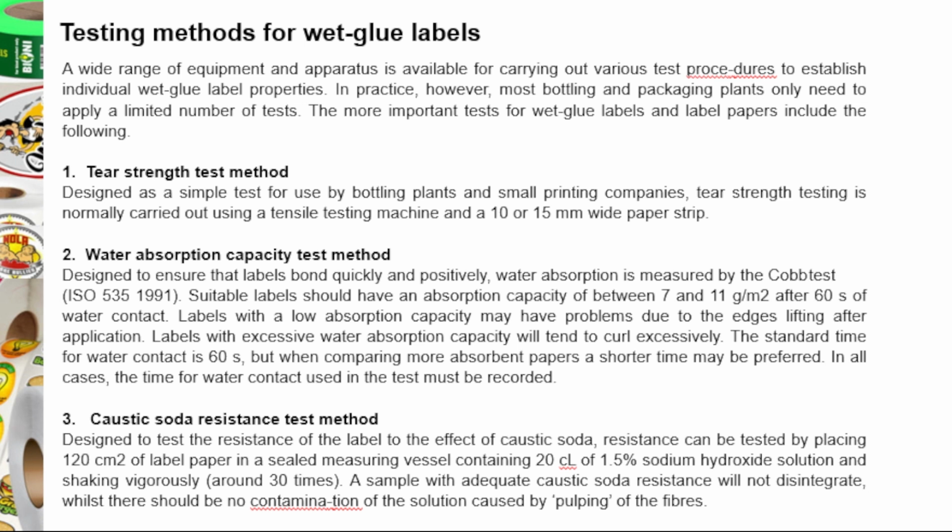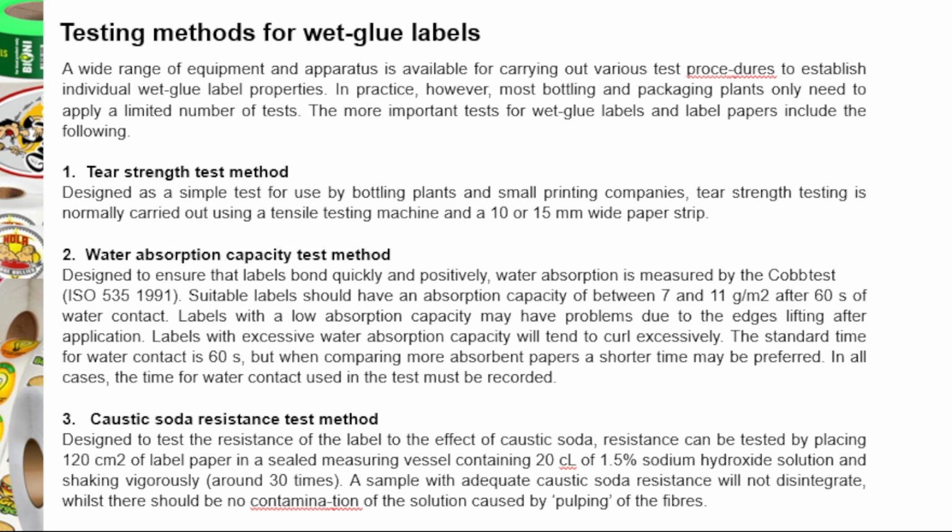Labels with excessive water absorption capacity will tend to curl excessively. The standard time of water contact is 60 seconds, but when comparing more absorbent papers, a shorter time may be preferred. In all cases, the time for water contact used in the test must be recorded.